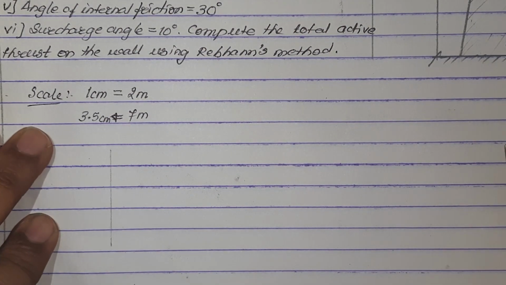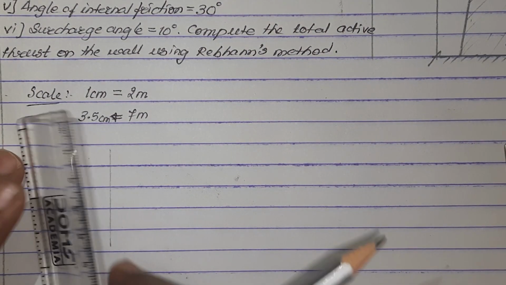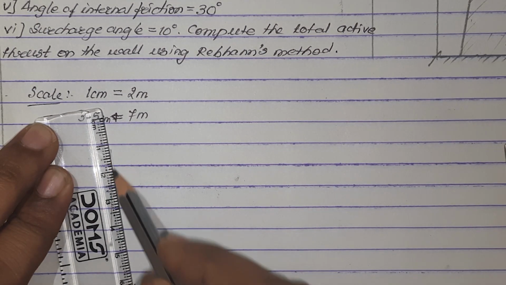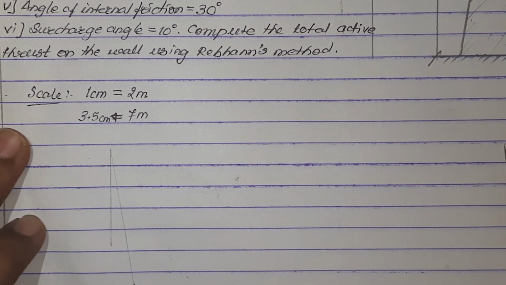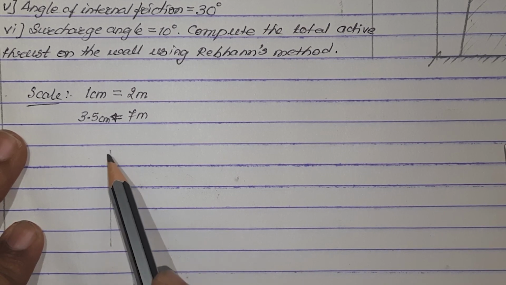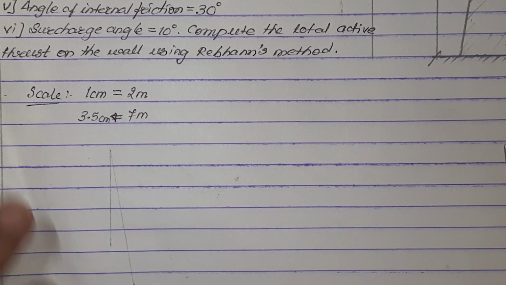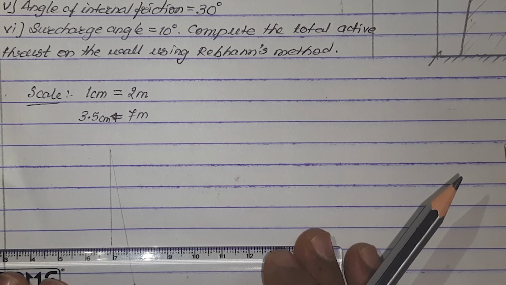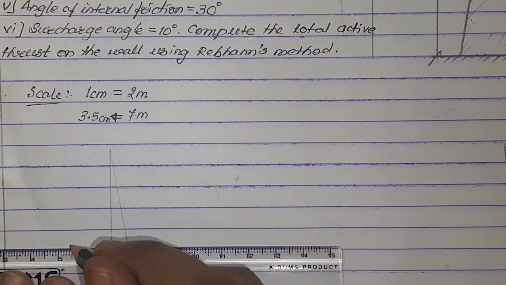Accordingly, join the line. It would be like this. But the height of the wall is up to this point only. Hence, draw a horizontal line to provide base to the retaining wall.